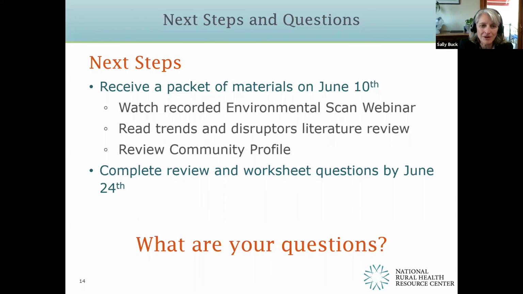So read through the profile, and then we have a worksheet of some prompting questions to capture your reflection from the environmental scan, the lit review, and then your profile. You won't be asked to submit the worksheet, but to come with that ready at the summit, June 24th.